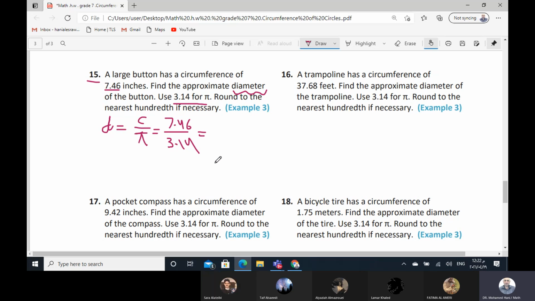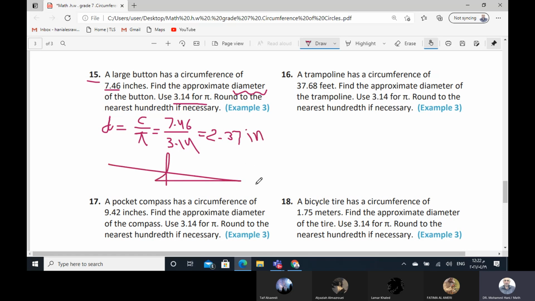So we want to divide now 7.46 divided by 3.14. So the answer will be about 2.37, and the unit is inches. Who has any question here? No questions, Mister.